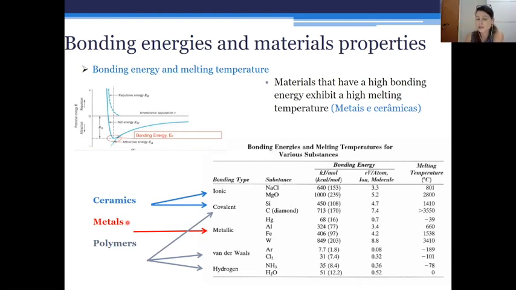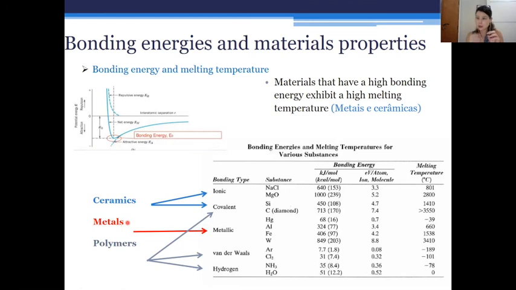Whereas in the case of polymers, according to what we observe in this table, it is quite difficult to understand why some polymers can melt at 60 degrees C, or even at 200 degrees C, so at a much lower temperature compared to metals and ceramics.